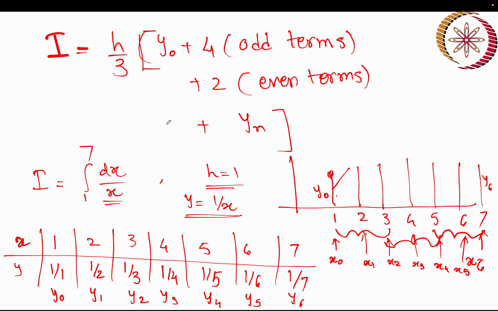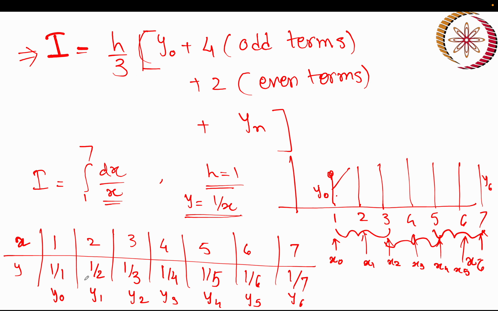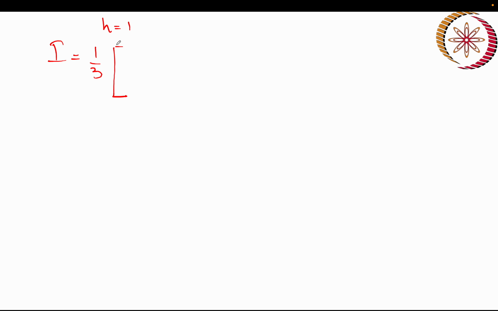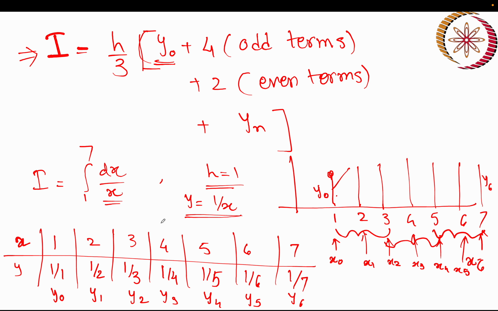Okay, so now we will use this equation for Simpson 1/3 rule to compute the integral. So I is equal to h by 3, and we are taking h as 1, so it will be 1 by 3. Then we take y0, which is 1, then 4 into the odd terms, y1, y3 and y5.